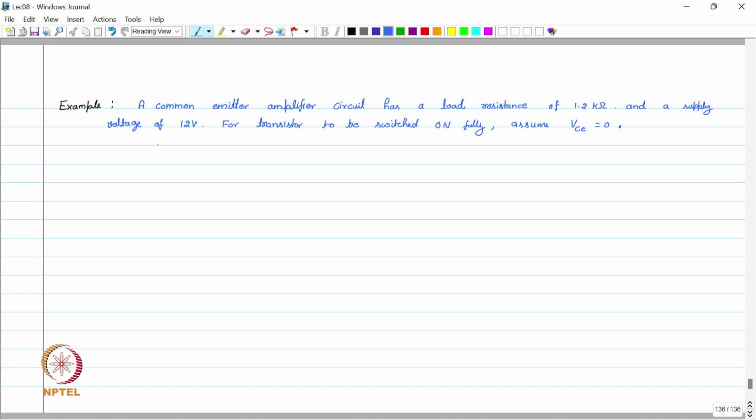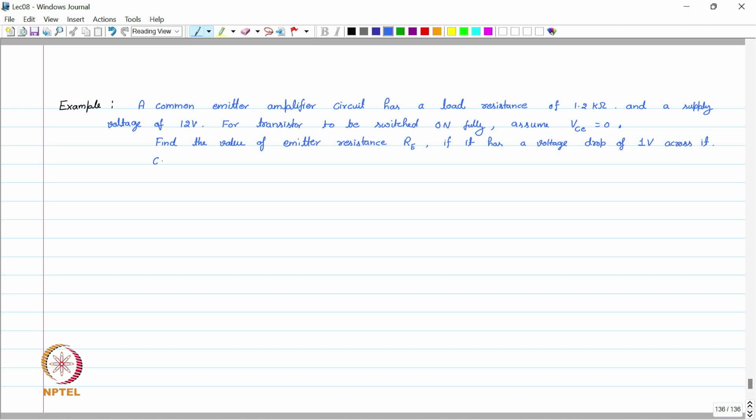Find the value of emitter resistance RE if it has a voltage drop of 1 volt across it.